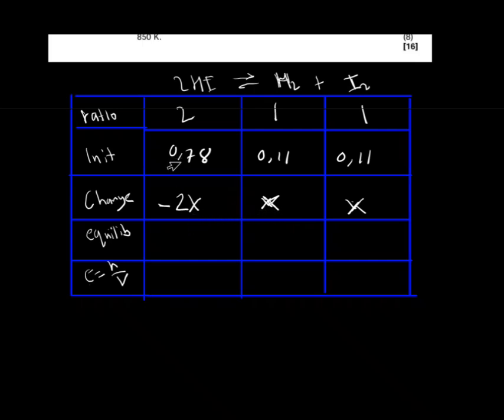So now, in order to get the equilibrium here, it's 0.78 minus 2x, and here it's 0.11 plus x, and here it's 0.11 plus x as well. Now we can write the concentration.